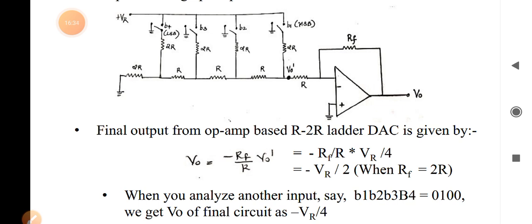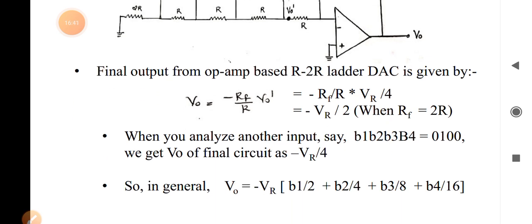When RF is equal to 2R, then V0 is equal to minus VR by 2. So when you analyze another input, say B1, B2, B3, B4 as 0, 1, 0, 0, we get V0 of the final circuit as minus VR by 4.